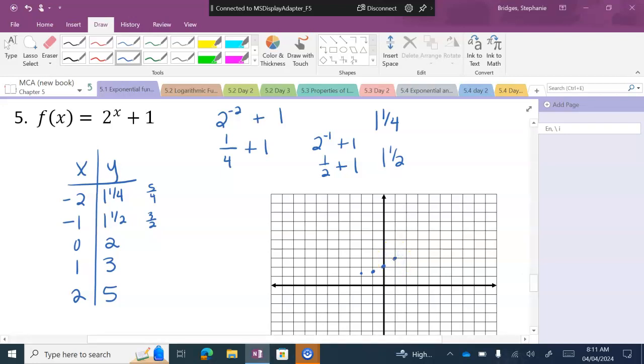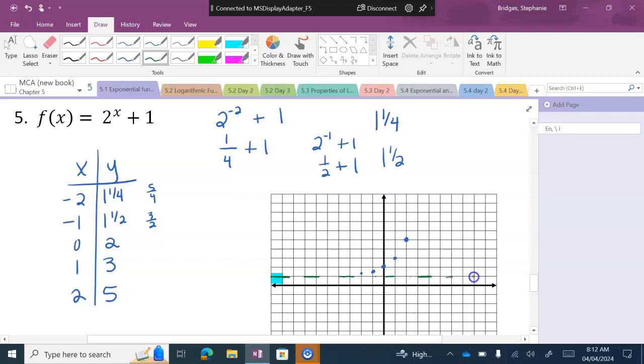And then 2, 5 is going to be here. So this time, okay, we don't draw it, but our asymptote is going to be here. So I cannot ever go below that line this time.